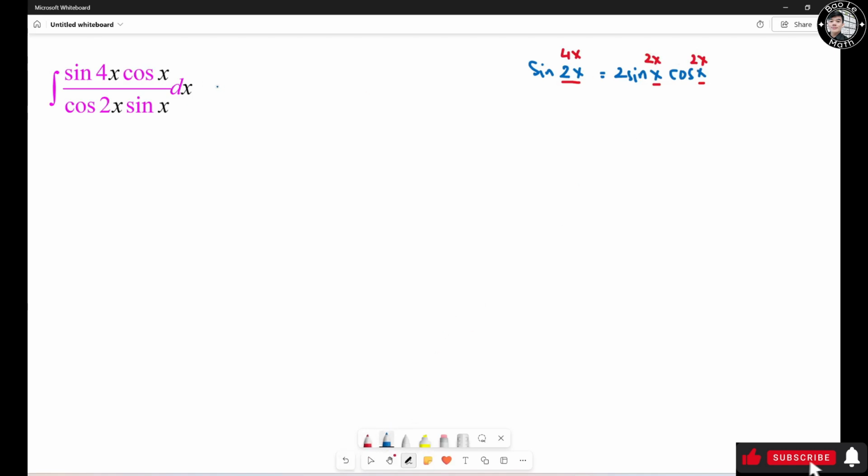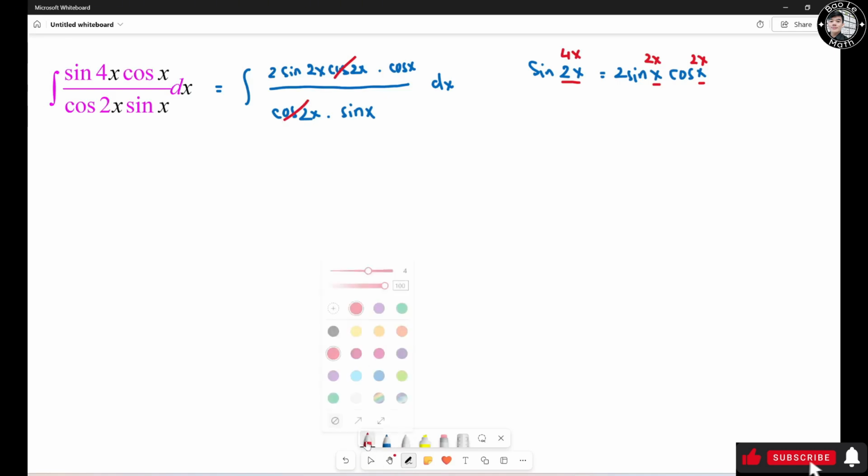So it turns out to be the antiderivative of 2 sine 2s cosine 2s times cosine s over cosine 2s times sine s ds. Now this cancels out.